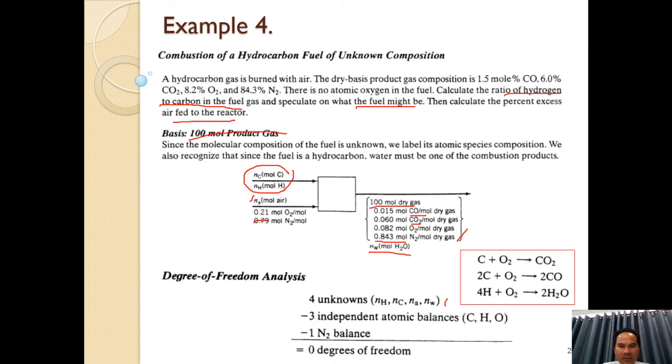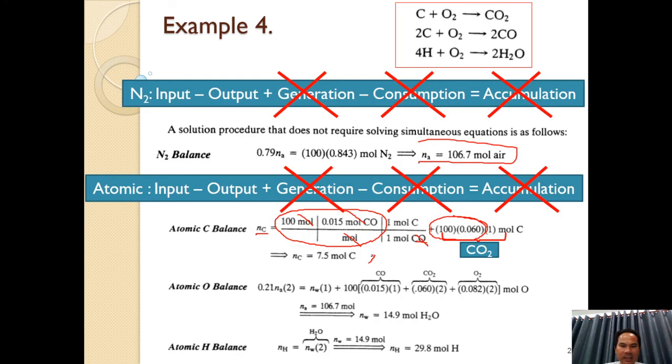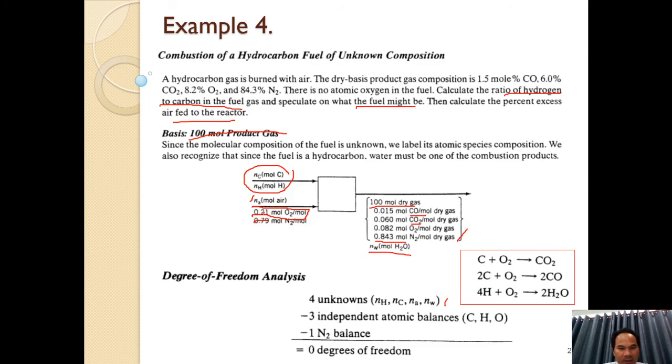Oxygen balance: input is based on O2, output is based on CO, CO2, and oxygen. Okay, the input is 0.21 Na. 0.21 Na is the mole of gas oxygen input. 0.21 mole oxygen per mole air multiplied by Na, the mole air, you get mole oxygen.